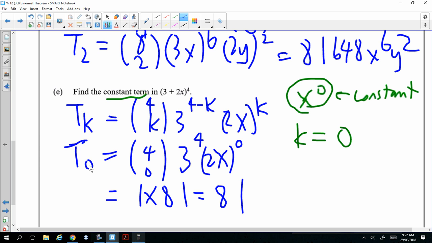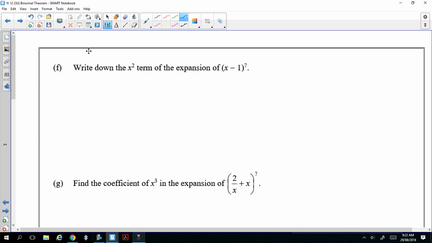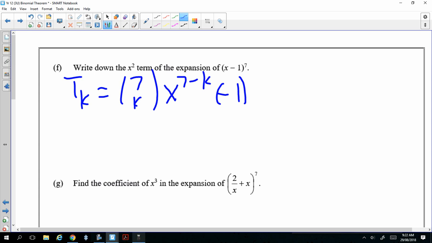Okay, alright, next one. Again, write tk first. It will be 7Ck, x to the power of 7 minus k, negative 1 to the power k. You want the x squared term, you may think, is k equal to 2? In this case, no, because this is the part you want to make equal to 2. So you've got to be careful. That's why I always want to write the general term first, because k may not always match with the power.